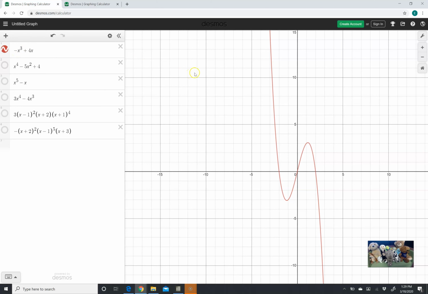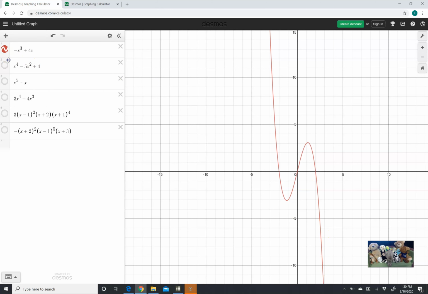So they're doing opposite things because the degree is odd, and because the leading coefficient is negative, it's rising on the left and it's falling on the right. So again, imagine you're standing right here in the middle and you look to the left. If you look to the left, the function is rising. If you look to the right, the function is falling.